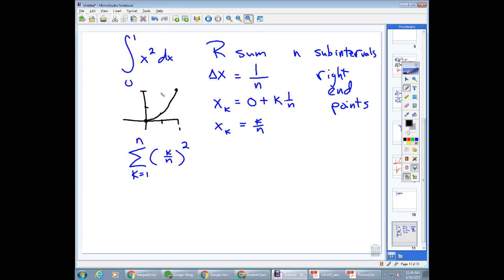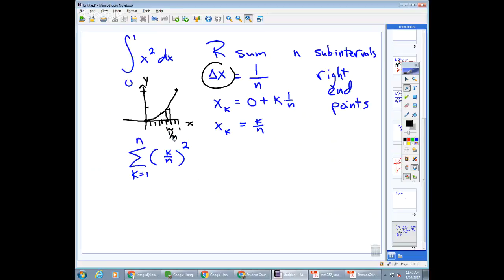So this is my function y and x, and I'm splitting this up into a bunch of little pieces, and I'm grabbing those rectangles. The width of each of these rectangles, that's my delta x, that's just 1 over n.